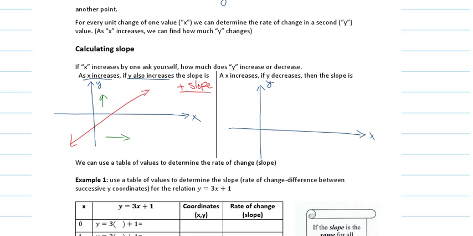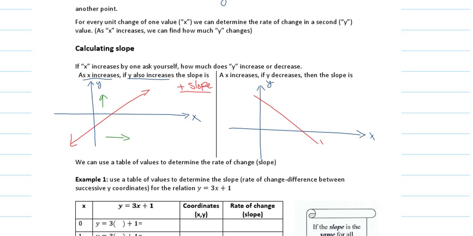And then it's going to be a decreasing line. In this case, you see that x is increasing, and at the same time, y is decreasing, it's going down.